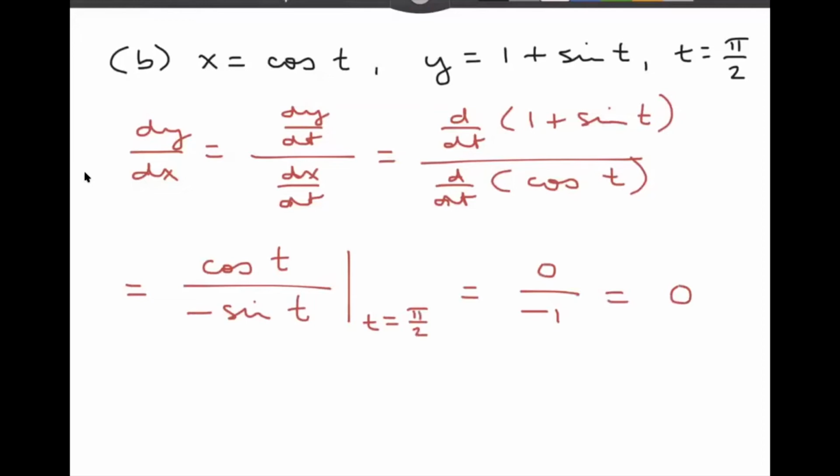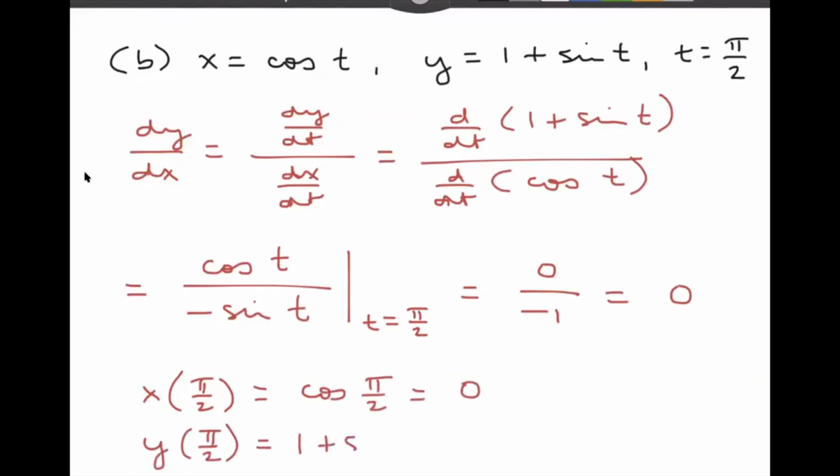Okay. So to write the equation of the tangent line, really all I need is a y value, but let's not confuse ourselves. X at pi over 2 is cosine pi over 2, which is 0. Y at pi over 2 is 1 plus sine pi over 2, which is 2.